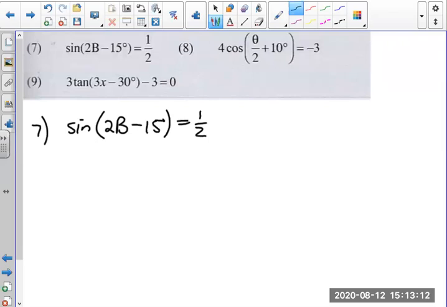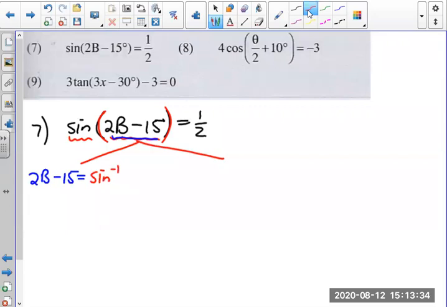You just simply say, when I get rid of the sine, there's my angle. So my angle 2b minus 15 is equal to, how do I get rid of sine? Shift sine of the answer. And you remember to add 360k.